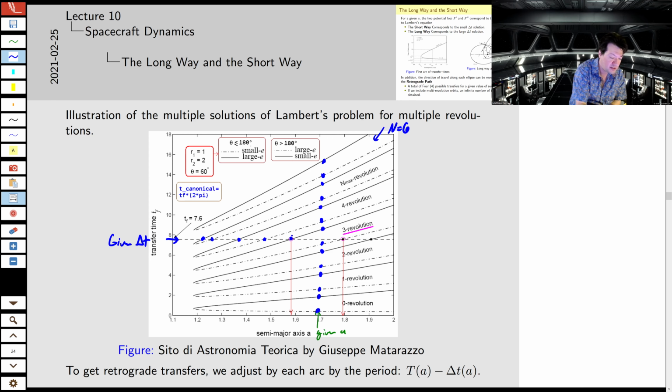For example, here we've plotted for a delta t of 7.6 in canonical units, and we have 1, 2, 3, 4, 5, 6, 7 possible solutions. Figuring out which solution is correct is one of the banes of Lambert algorithms, and this is what makes them particularly temperamental. If you limit yourself to a single revolution, the problem is a little bit simpler.